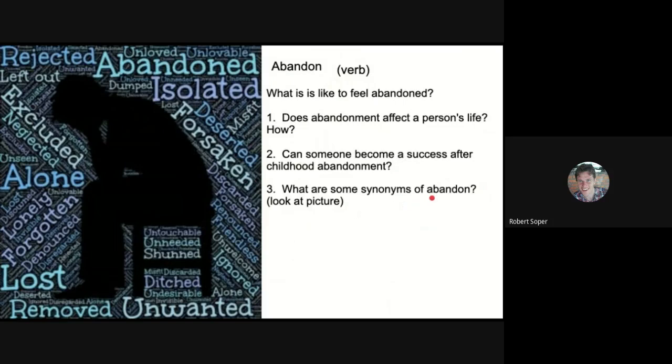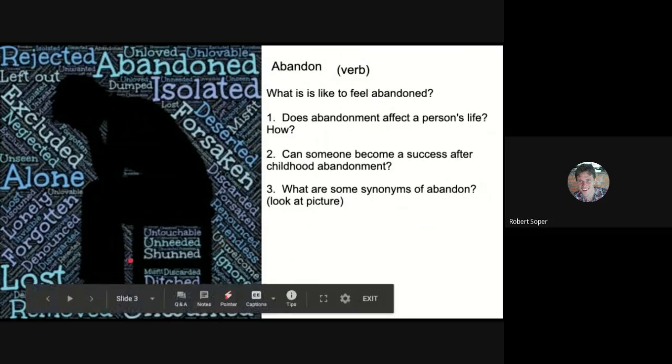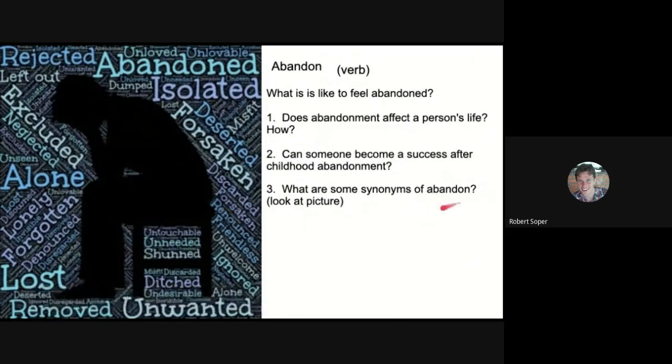Good. Hopefully you notice that abandon has many synonyms. For example, it's got isolated, rejected, deserted, forsaken, unwanted, or even lost. This is because when you are abandoned, you sometimes feel lost.